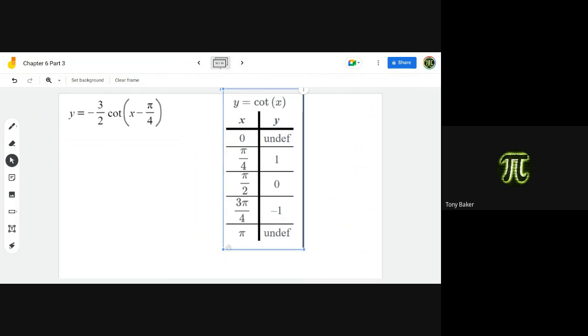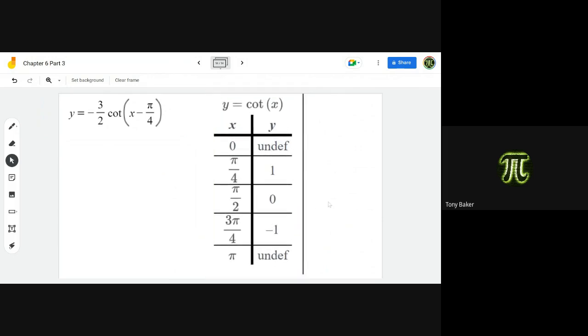That should be your parent function. Remember to make sure you use the one from cosine or cotangent.